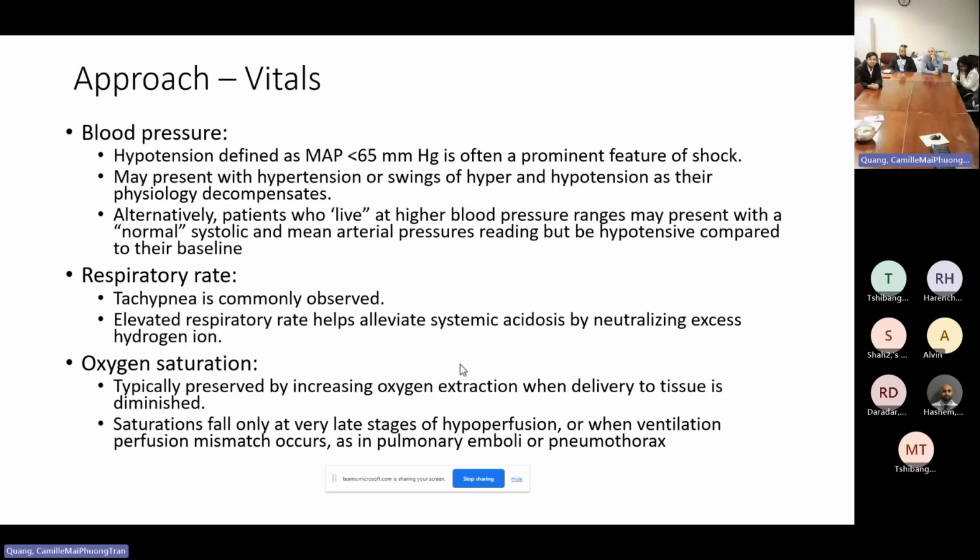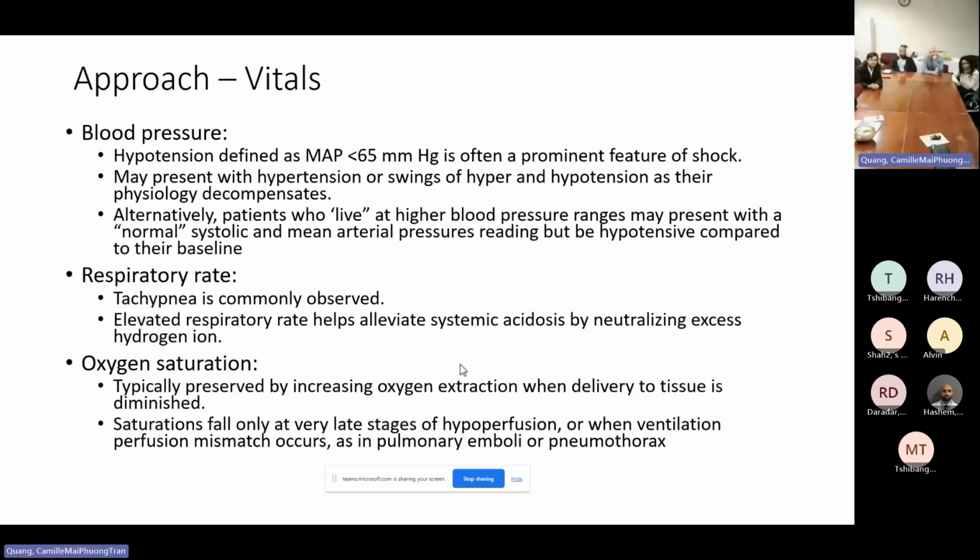And then respiratory rate. We often see tachypnea. These patients are often going to be in shock. They're not delivering enough oxygen to their tissues, so they become acidotic. So typically their respiratory rate goes up to blow off the acid.